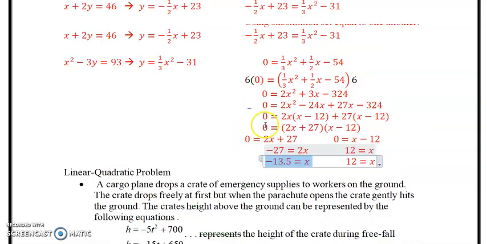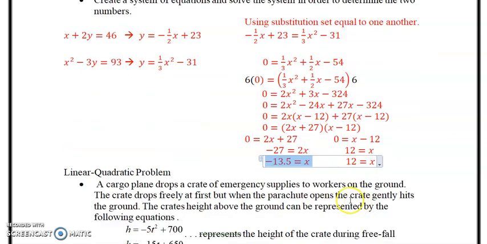Obviously -13.5 isn't an integer, so therefore this value is eliminated. It's no good, right? You can't use it because it won't work. And to get your y value, what we do is we take this x value and plug it into either equation. I'll do the first one here.